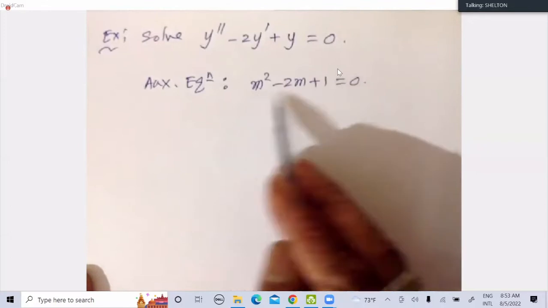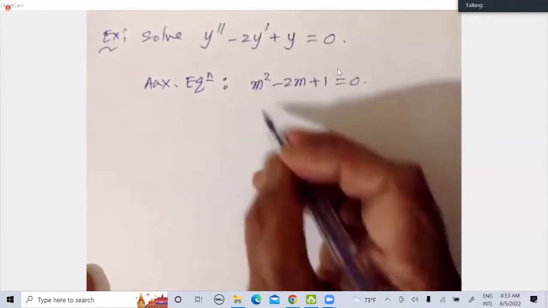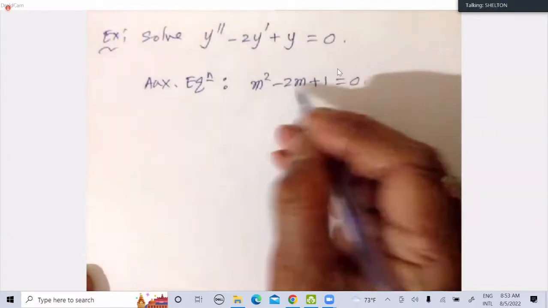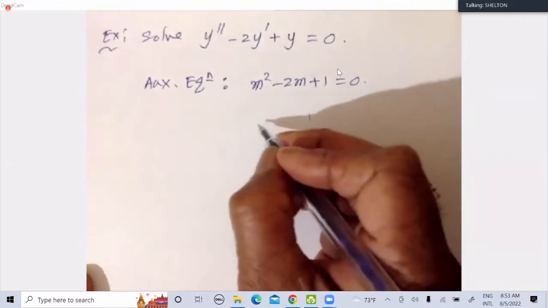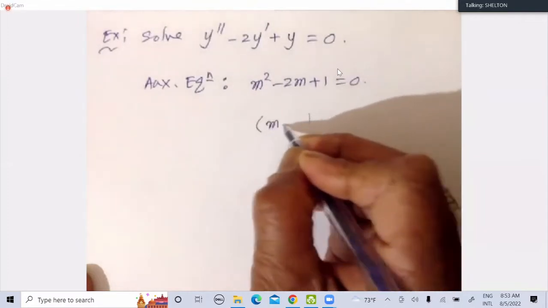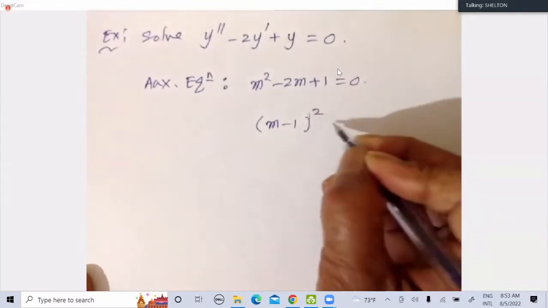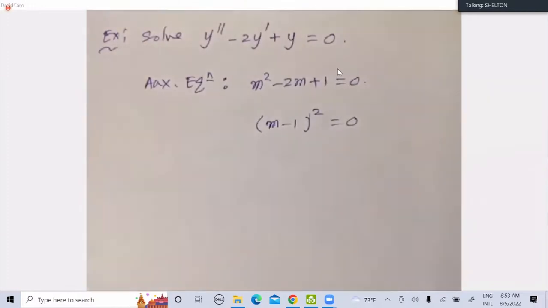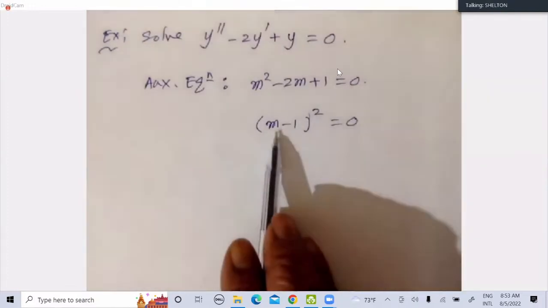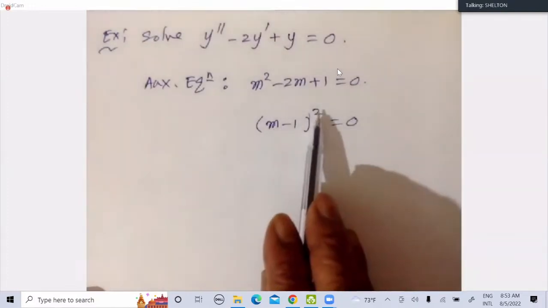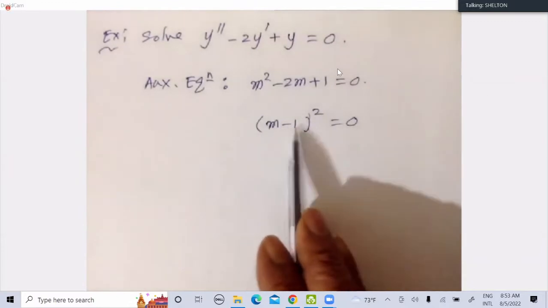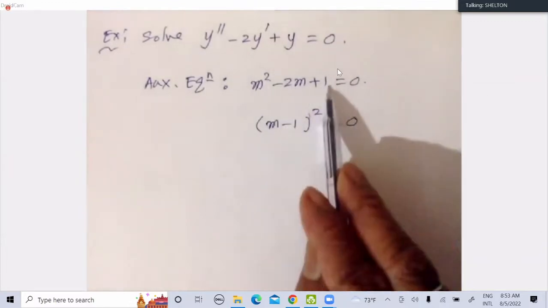Now, this is a perfect square, no? m squared minus 2m plus 1. If you try to factor, you will get m minus 1 whole squared equal to 0. Because m squared, twice the product of these two is there, and the last term squared is there.